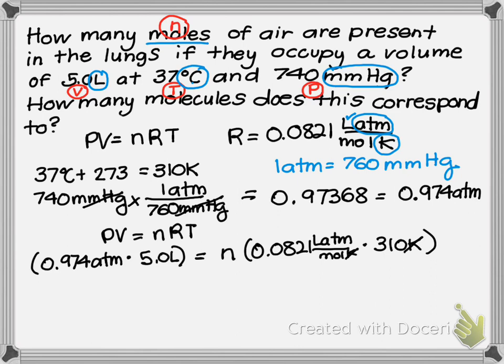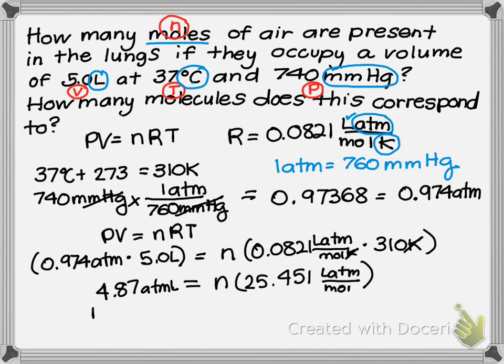So 0.974 times 5, I get 4.87 atmospheres and liters over here, and that equals N times 0.0821 times 310, which I get 25.451 liter atmospheres per mole. Then to solve for N, I'm going to divide.